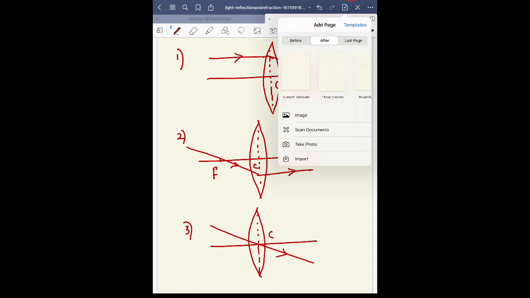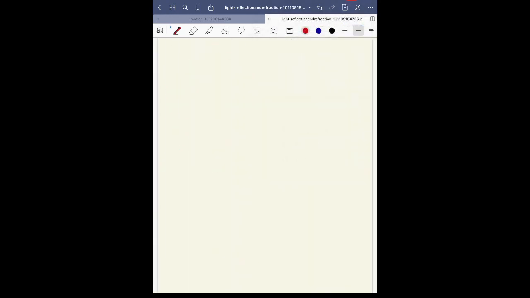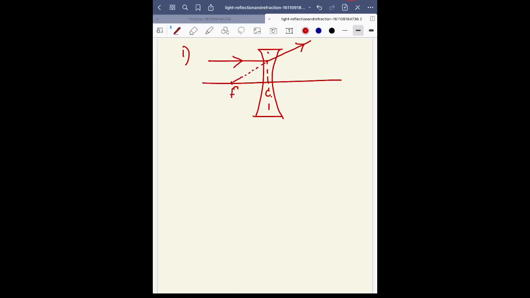Shall we see that as well? First rule said a ray of light in a direction parallel to the principal axis. So this is our concave lens, this is our optical center. Now this ray is parallel to the principal axis, but it will be diverged. If we produce it backward, it appears to pass through the focus.